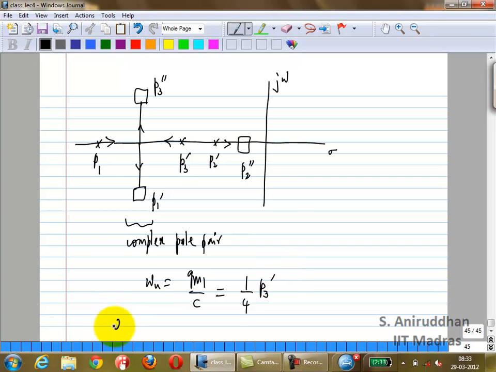In the two-stage op-amp, you got something like this. Okay, you get something like half. So the bandwidth of this is definitely lesser by at least 50%.